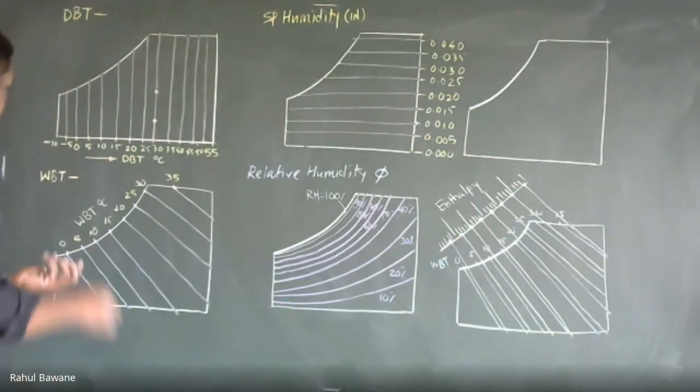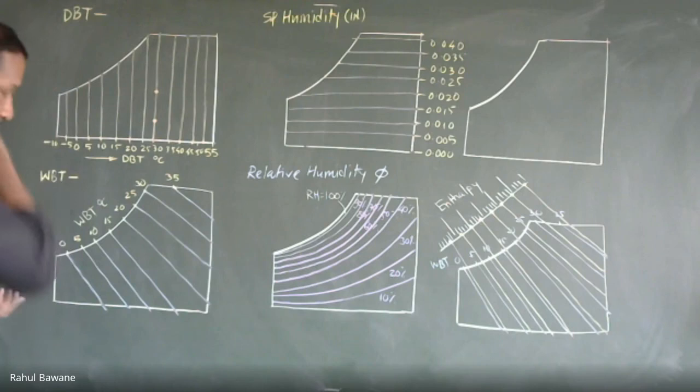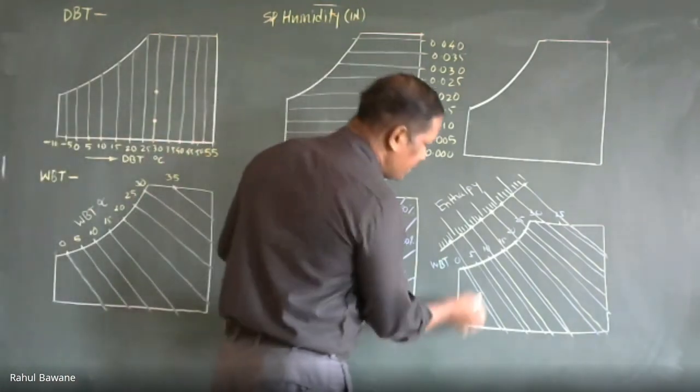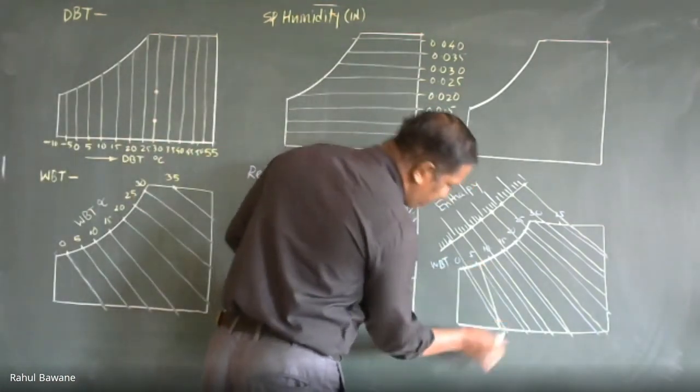Now the specific volume, I am drawing on the same chart. It is also inclined lines, but the inclination is different.